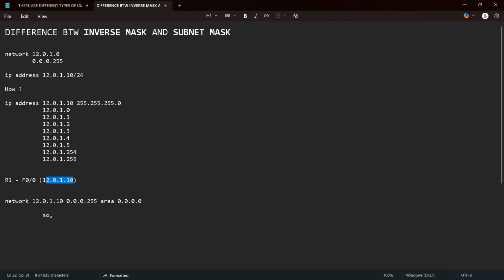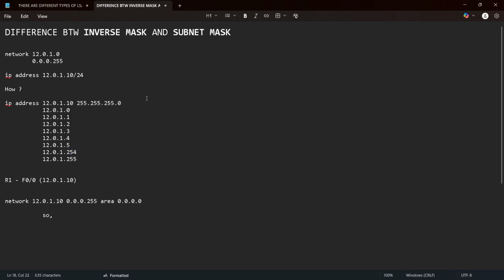So 10.0.1.10 is enabled with OSPF. Not only this, we can also enable from 10, or let's suppose 20, or 5, or even 254, right? So this is the use case of our inverse mask.